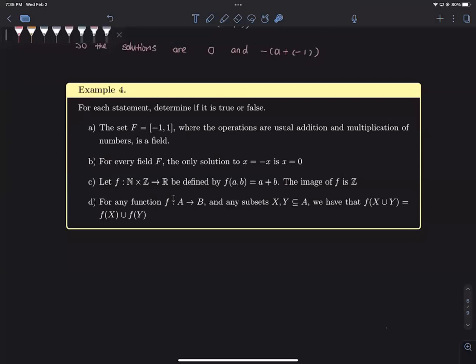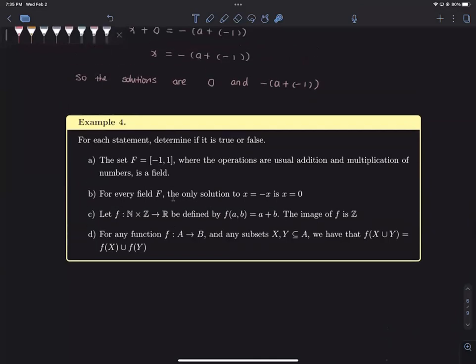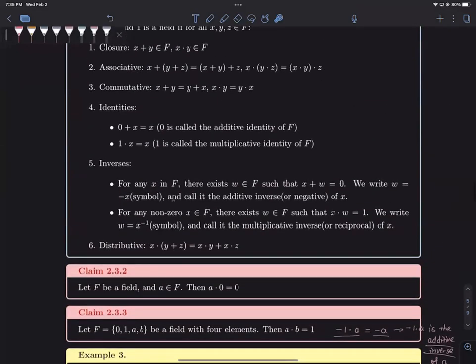A quick question: how will we prove the given field will have an additive inverse or multiplicative identity? Oh, if you can find an element such that this element plus x equals x for all x, then it means it has an identity. If you can find such an element that satisfies the condition, then you call it the identity.